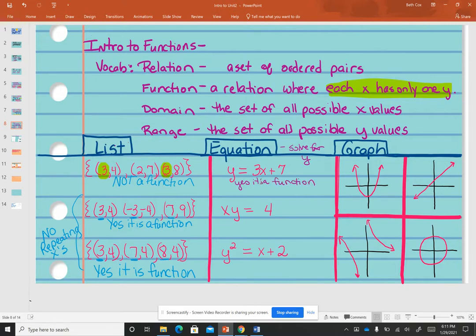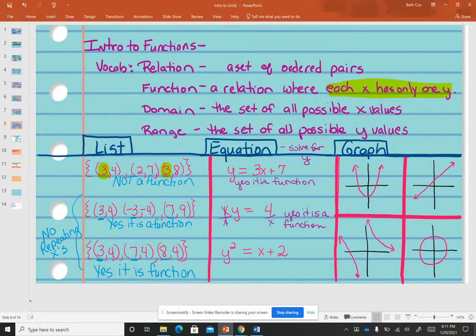Now the next one, it's not solved for y, but I could solve it for y without too much trouble. I would just have to divide both sides by x, and then it's solved for y. So yes, it is a function, because I can solve it for y.